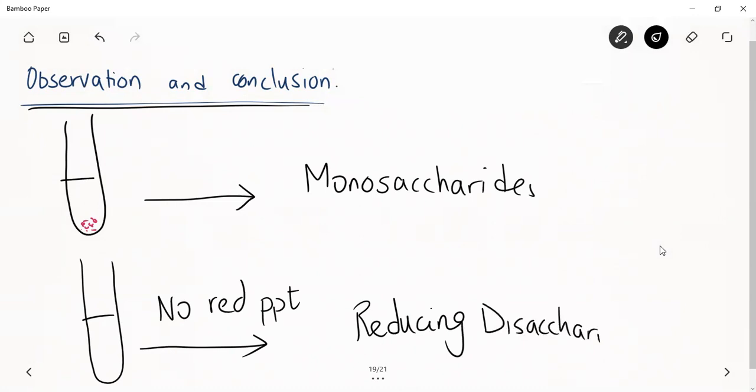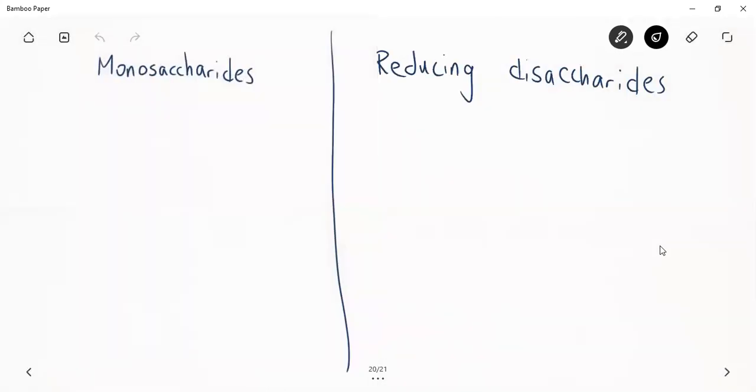This test is also reduction, but it is positive only with powerful reducing agent. Which one is powerful? Monosaccharide. Monosaccharide will give red precipitate, and reducing disaccharide, because it is not powerful, will not give precipitate. Let's do the difference between monosaccharides and reducing disaccharides.